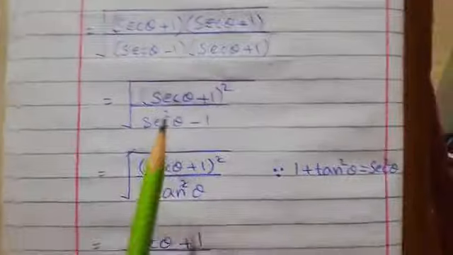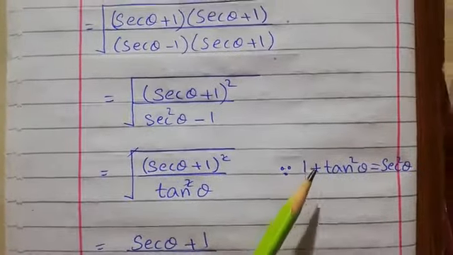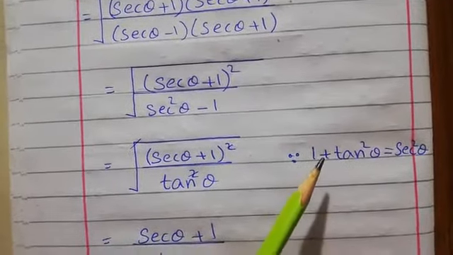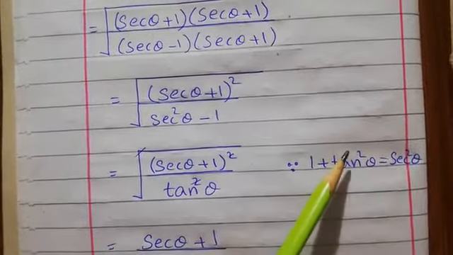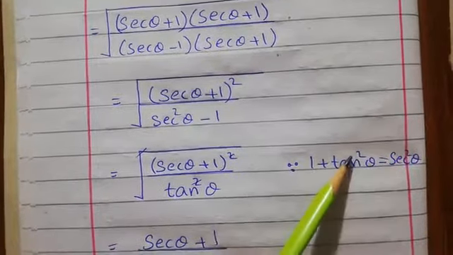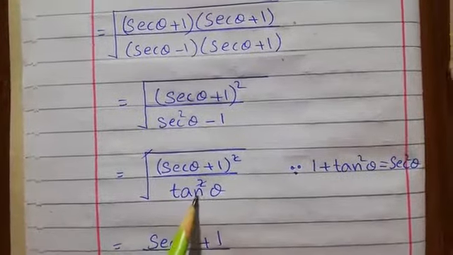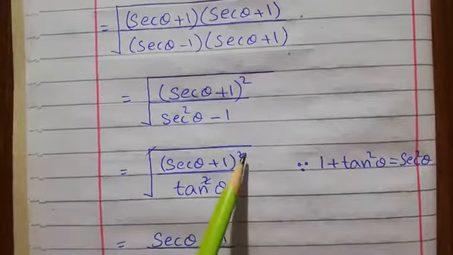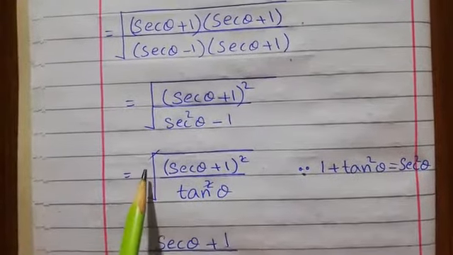And now, my dear, focus on this. You know the identity 1 plus tan square theta equals secant square theta. And that's why secant square theta minus 1 equals tan square theta. So we will change this into tan square theta. This is also the square and this is also in square form, so square and square will be cancelled by square root.